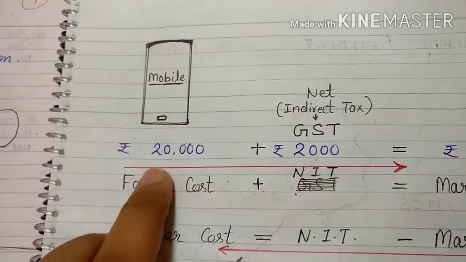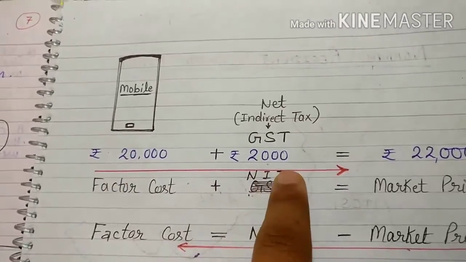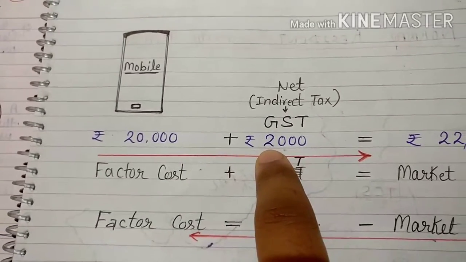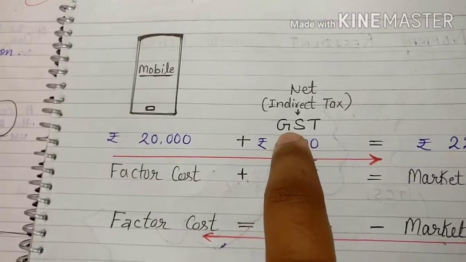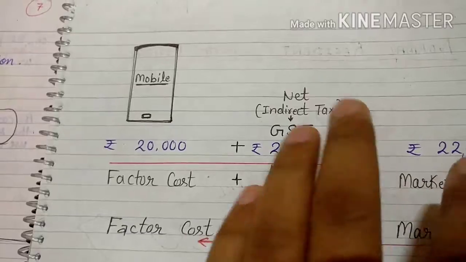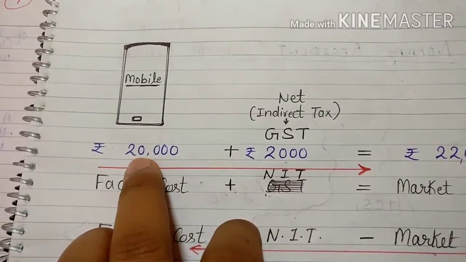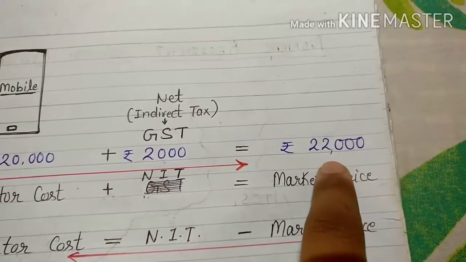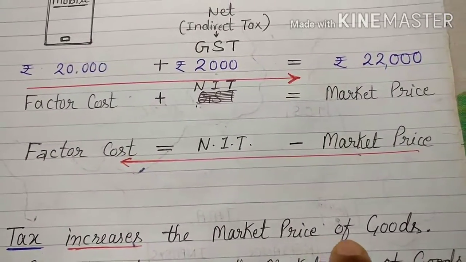Now when I am going to sell this mobile in the market, I will not sell it at 20,000, but I will add 2,000 rupees for GST. I am taking this 2,000 just as an example; it can be more or less. GST here means net indirect tax, where we have already subtracted the subsidies. Now this 2,000 is added to the 20,000, so the price becomes 22,000. As I told you earlier, tax increases the market price of goods.